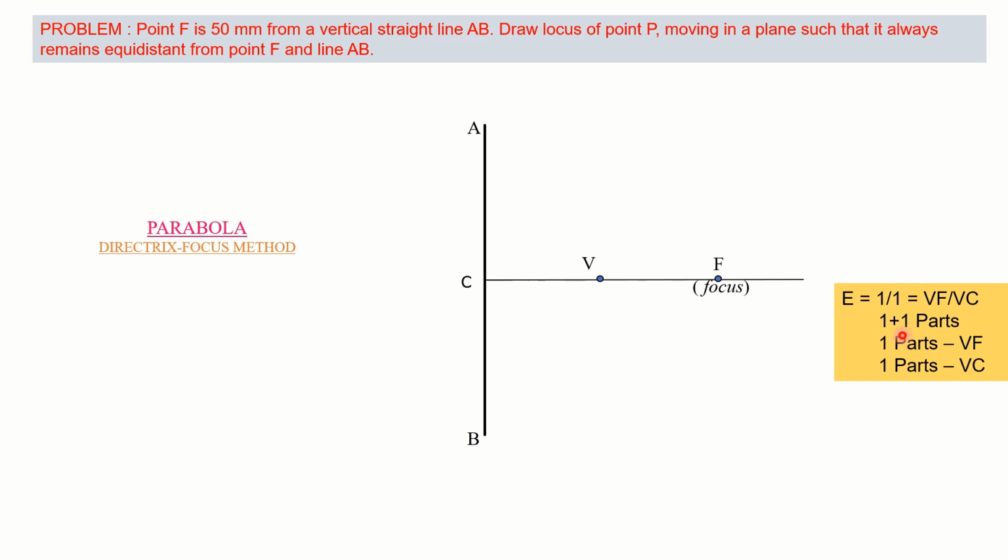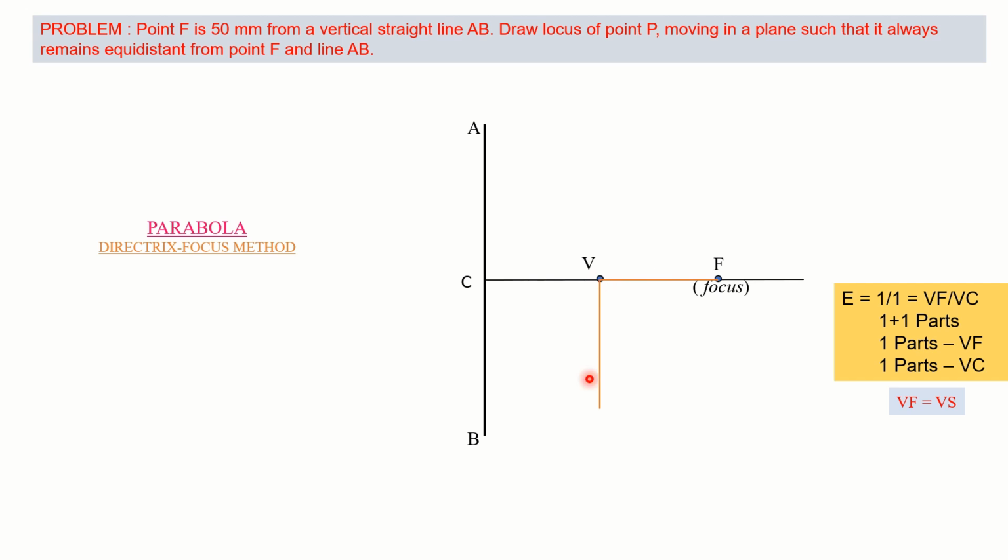So we need to divide it into two equal parts, so that VF should be 1 and VC should be 1. So I'm dividing this line into two equal parts, and then I've marked the V at the center point. This is the first and this is the second part.